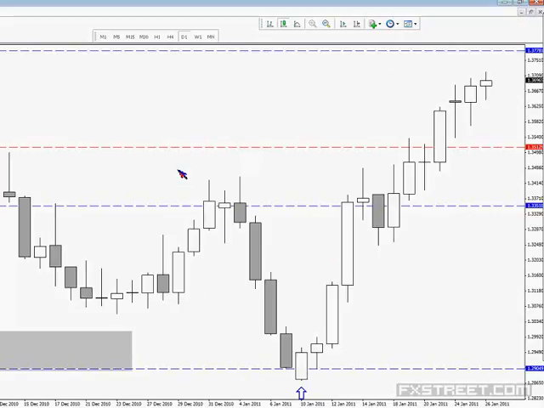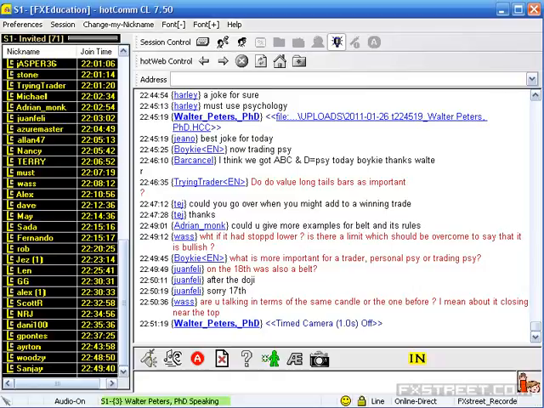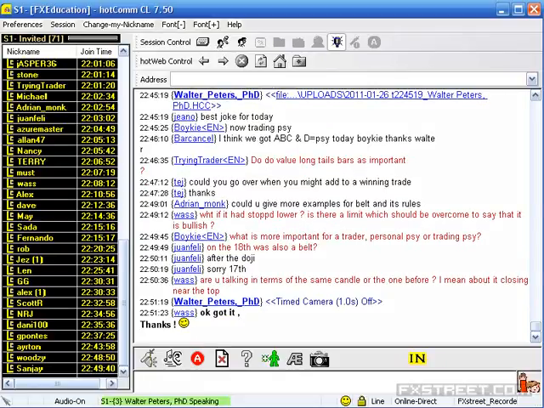There was a belt on the Aussie dollar also on the daily chart. The daily chart. Boy, that's a messy one. Let's open up a new chart.